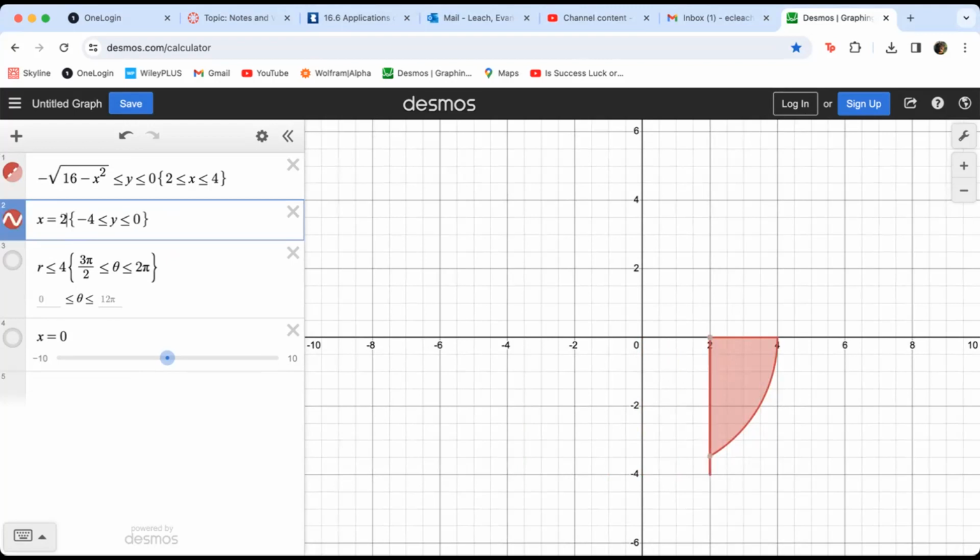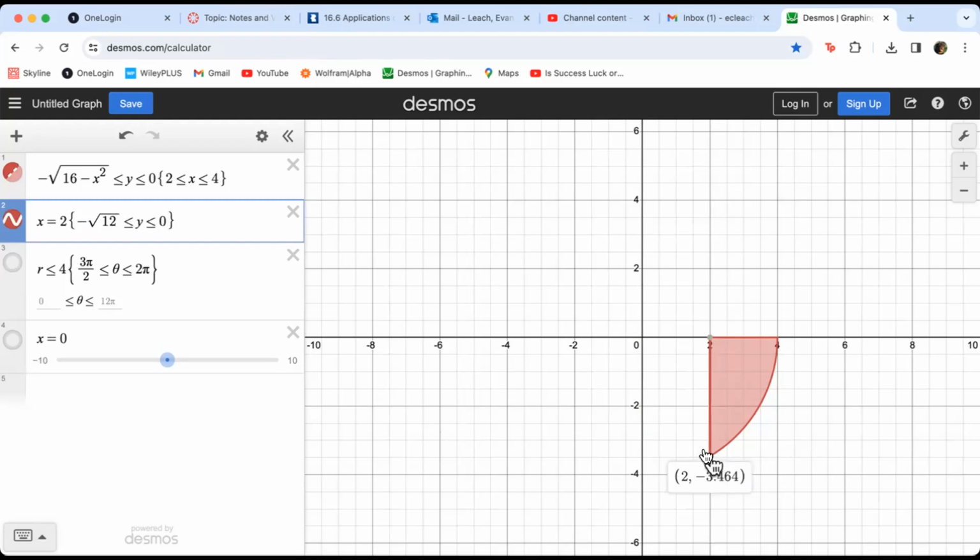So if I move that line over to x equals 2, we're not going from 0, negative 4 to 0 on the y. The bottom of that line is at the negative square root of 12. This is where I wanted the negative square root of 12. Now it lines up. It'll even let me highlight it because it's the intersection of two points, two curves.